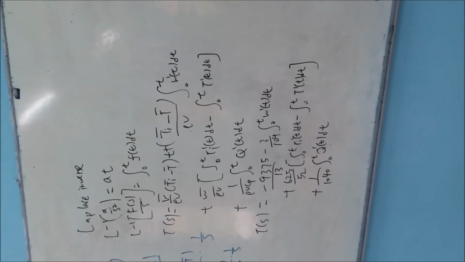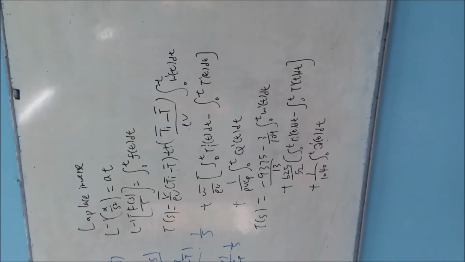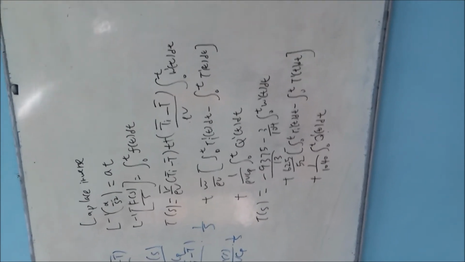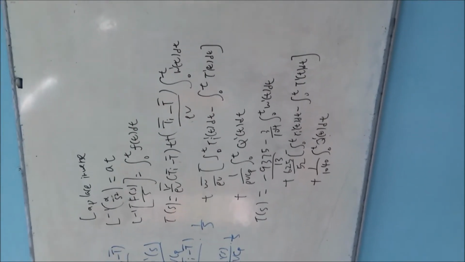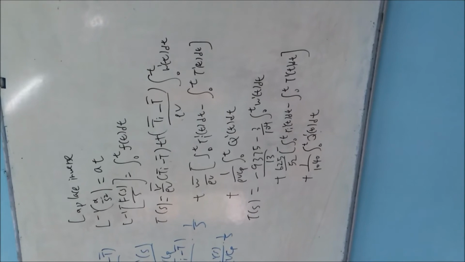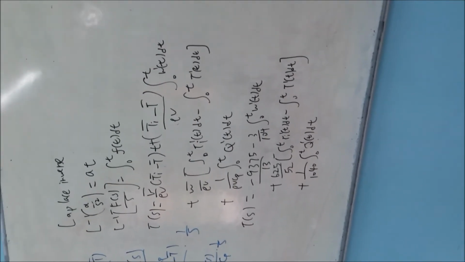Since we are not sure of the functions w prime(t), t_i prime(t), t prime(t), and q prime(t), we cannot integrate them. What we can do is just substitute the values given in the question.